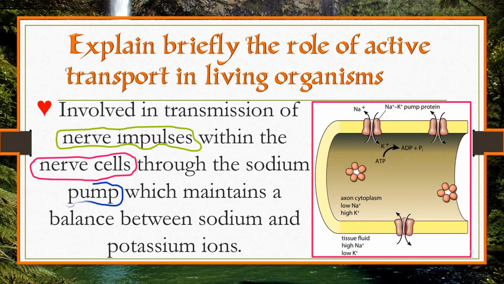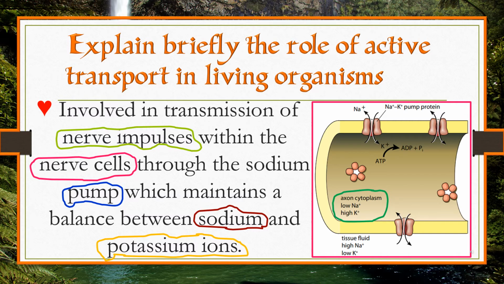So we are going to use the sodium-potassium pump. And when you hear that word pump, it means that we are going to use energy. So active transport is going to be involved in the transmission of nerve impulses within the nerve cell through the sodium-potassium pump. And this one is the one that helps us to balance between sodium and potassium ions in and outside the cell.